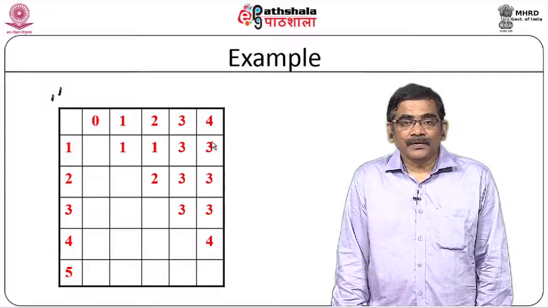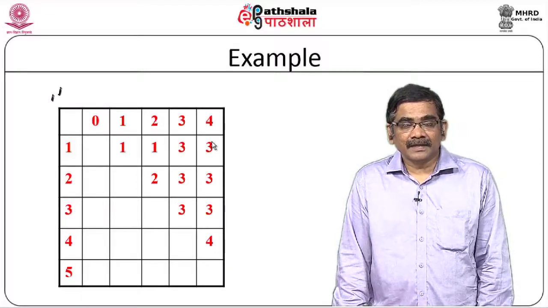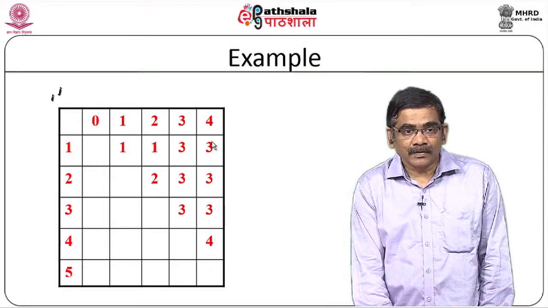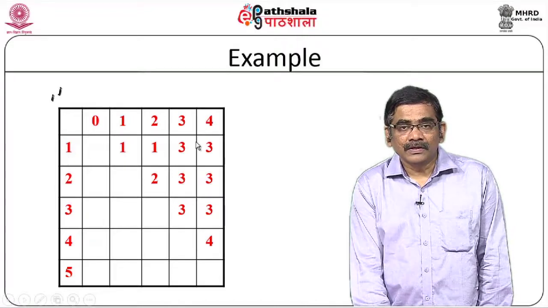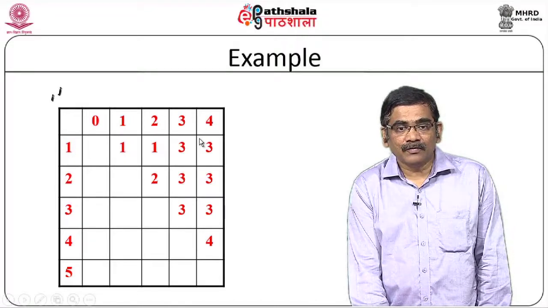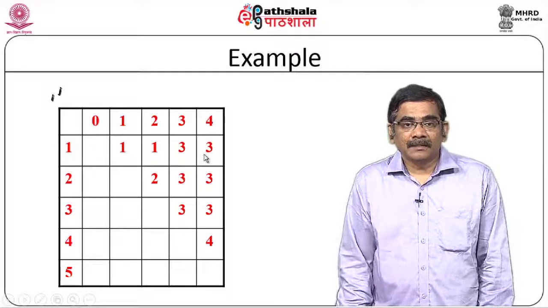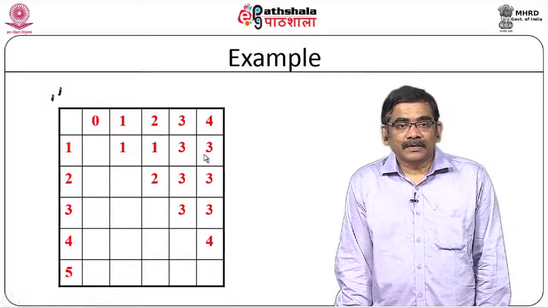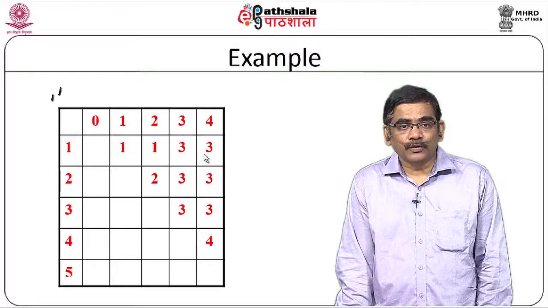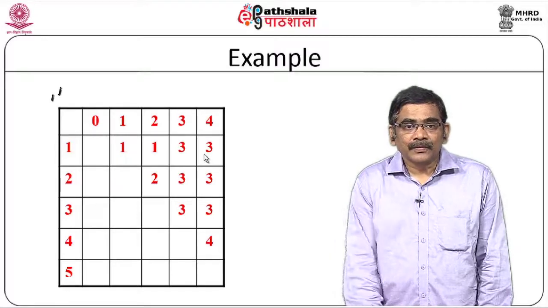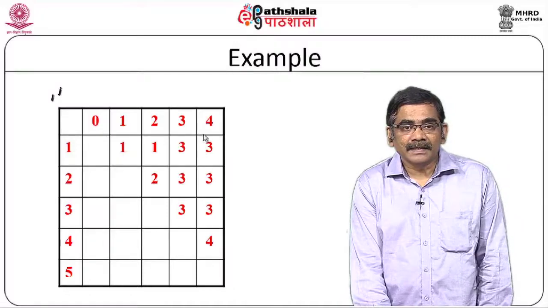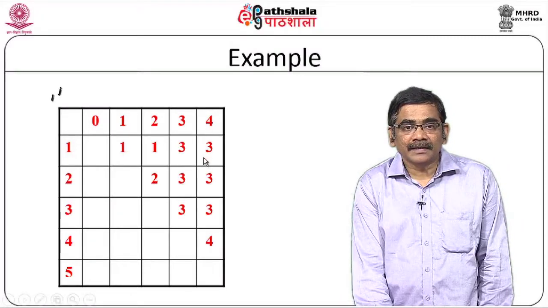Now using this we can easily find out how the tree is going to look. It is 1 comma 4, so 1 comma 4 gives 3. That means A 3 is going to be your root node, the root key.